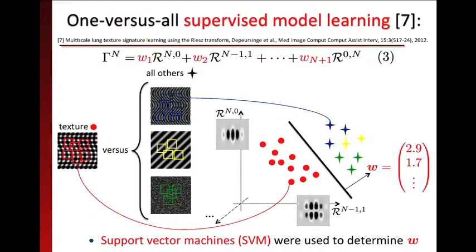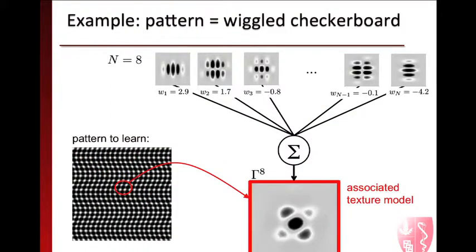For this, we can use supervised machine learning in a one versus all configuration. Typically, we can express all the instances of this texture, so all small blocks, if you want, in a feature space that is spanned by the response of the basis Riesz templates. So really, how much these respond on this input image.